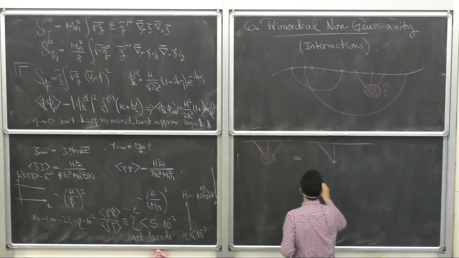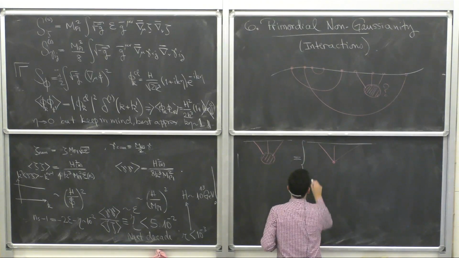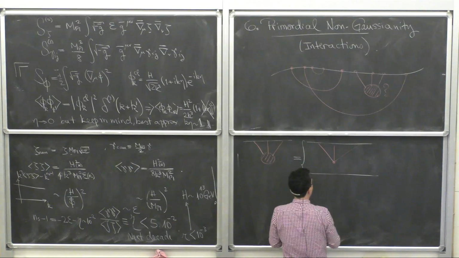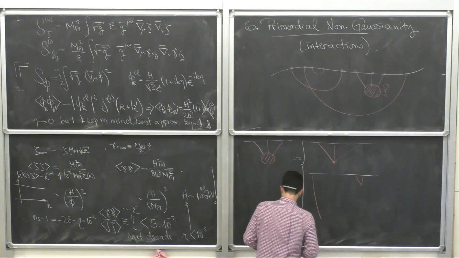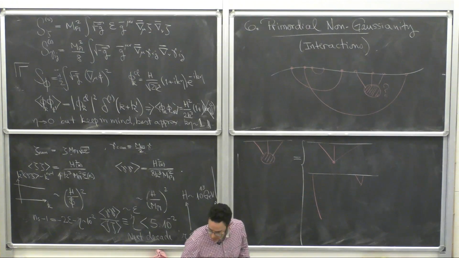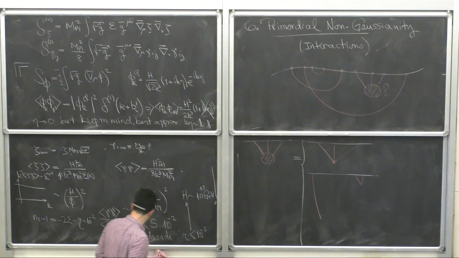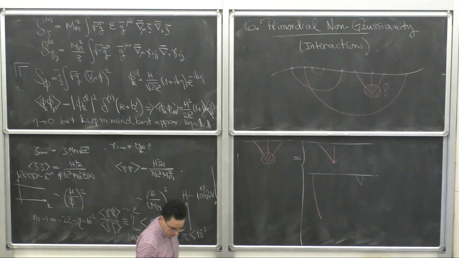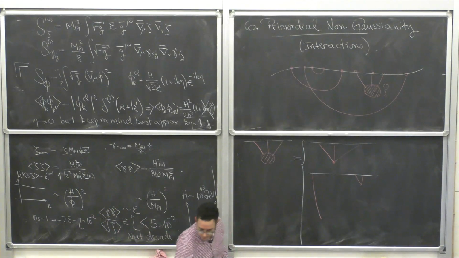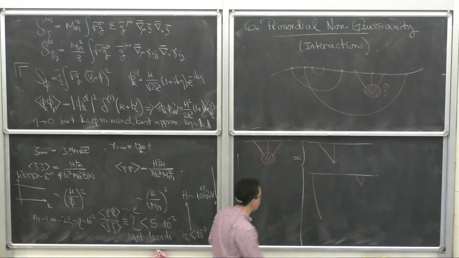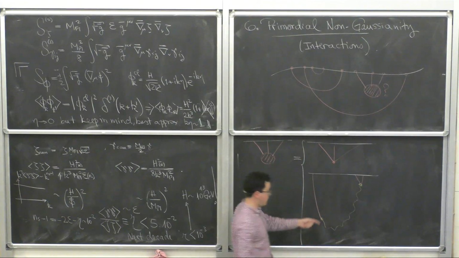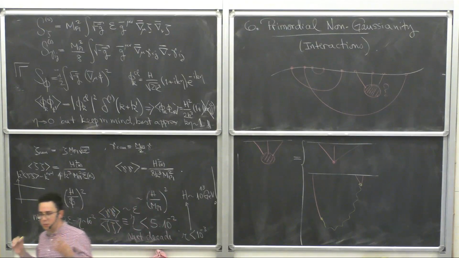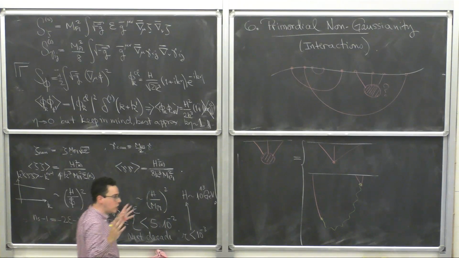It can be an interaction mediated by a new field. Maybe there's a mediator, something that we can't observe directly. There's a messenger. Maybe the messenger is massive. The messenger of order Hubble. It redshifts too fast. Redshifts like matter.